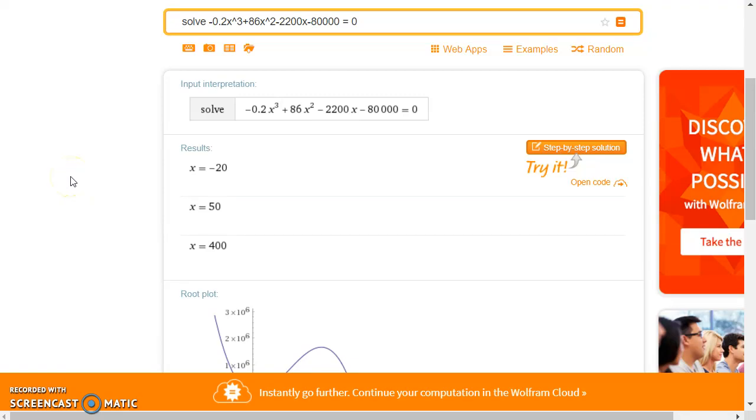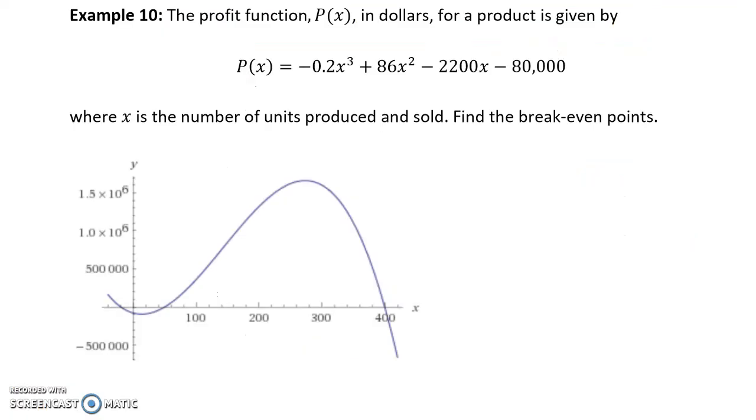In this case, we come up with three: -20, 50, and 400. So our solutions to taking our profit function set equal to 0 are -20, 50, and 400. We want to pause for a minute just to think about whether or not all of those solutions make sense.